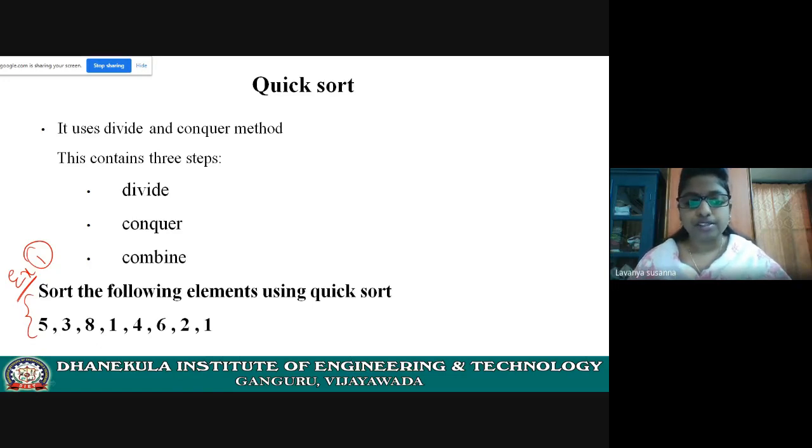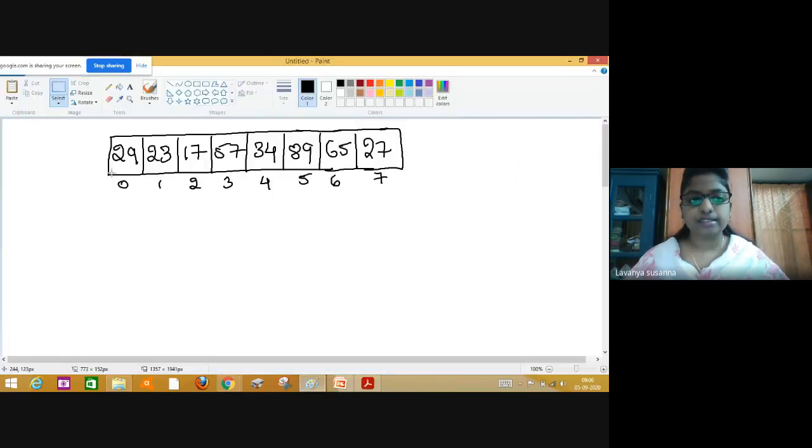Write down example 2. Keep the heading example 2. Sort the following elements using quicksort. These are the elements.